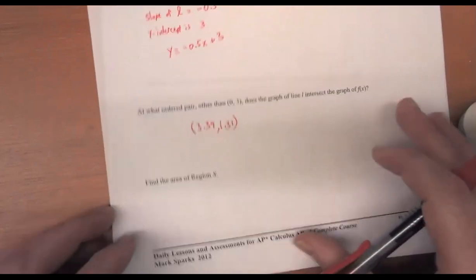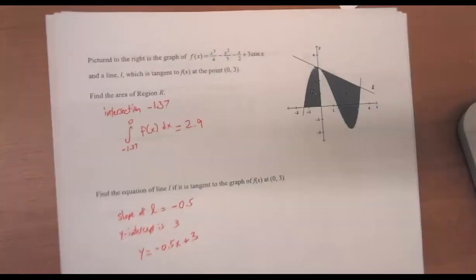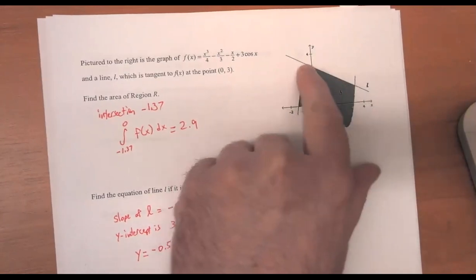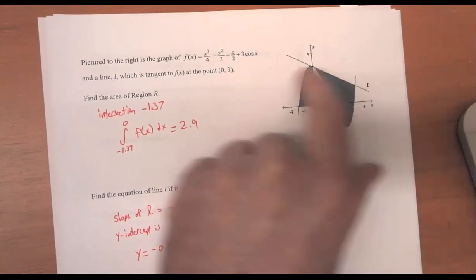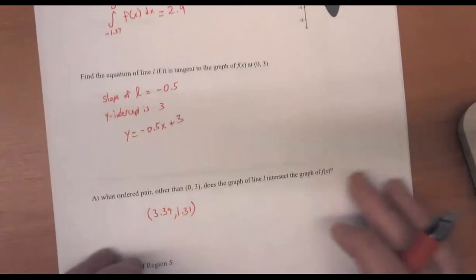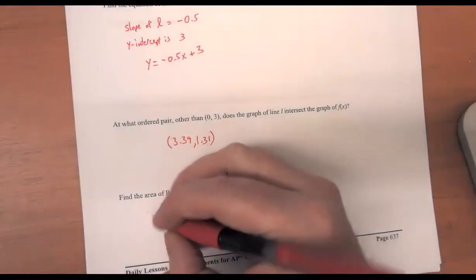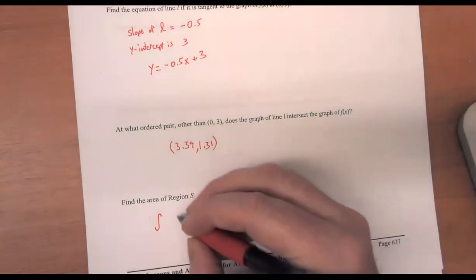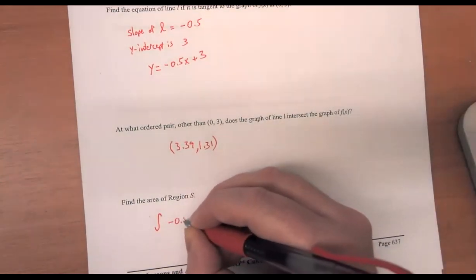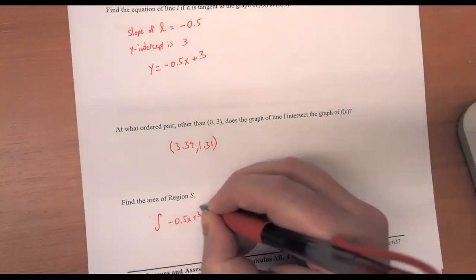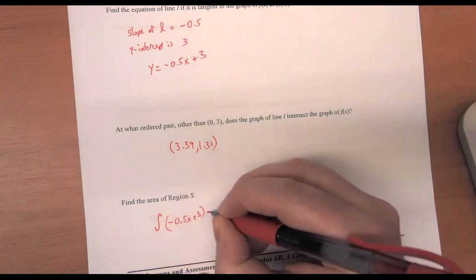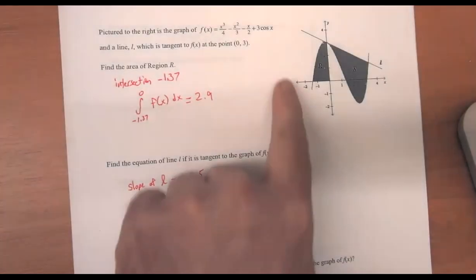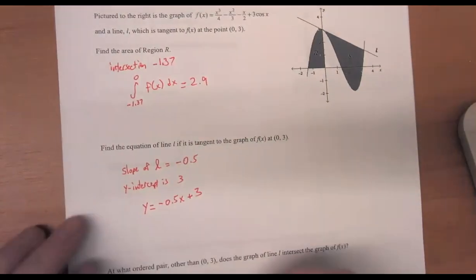All right, so the area of region S, so once again, we want to find the difference between the curve that's at the top and the curve that's at the bottom. So this is going to be the definite integral. The curve at the top is negative 0.5x plus 3 minus the equation of the lower thing, which is this whole monstrosity.